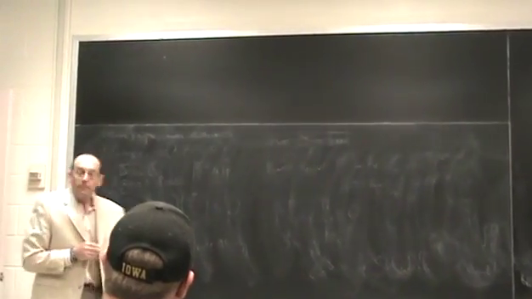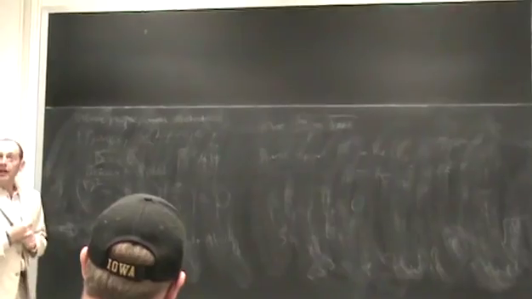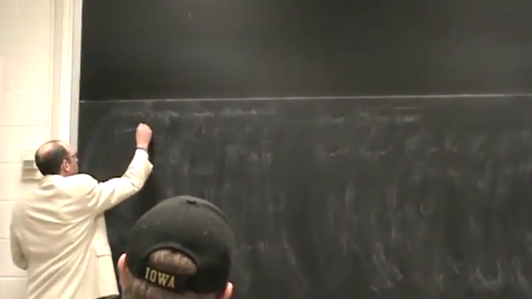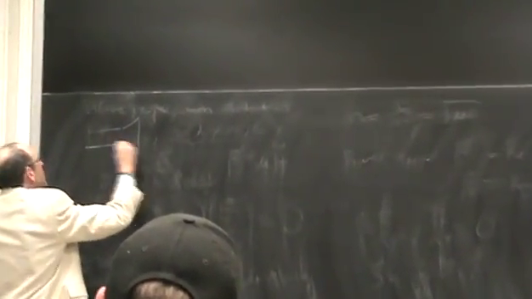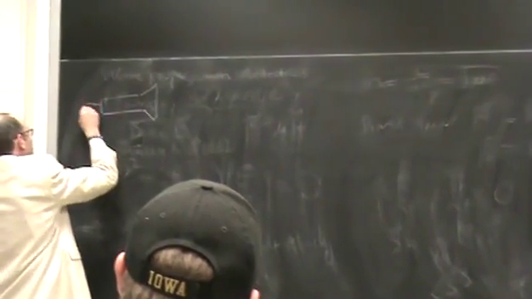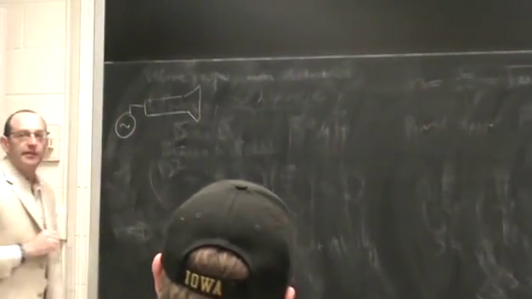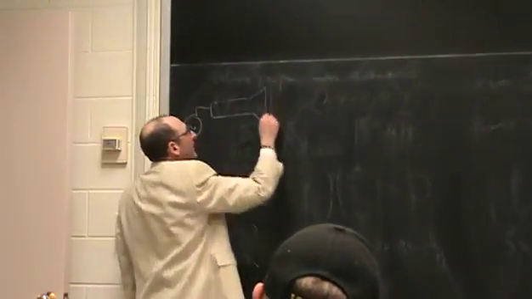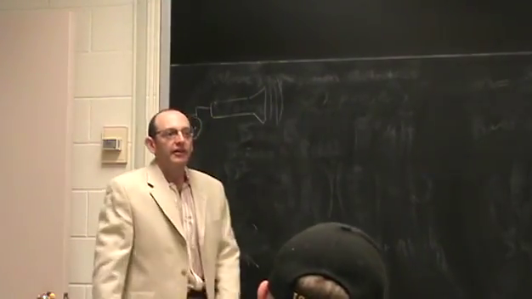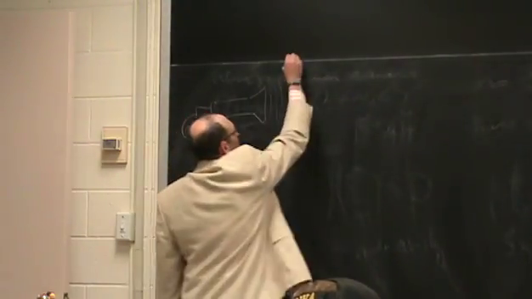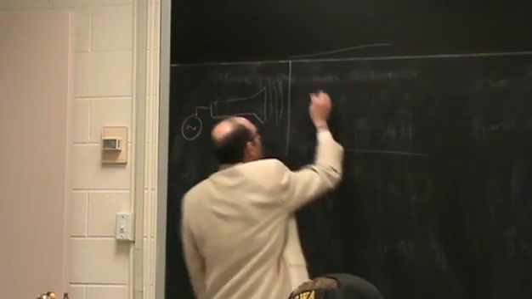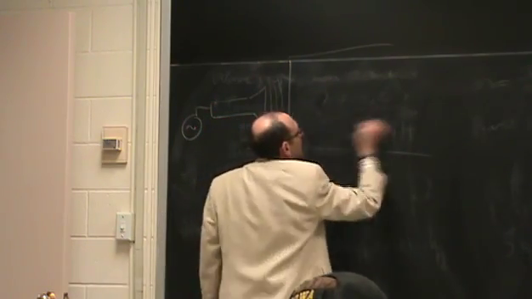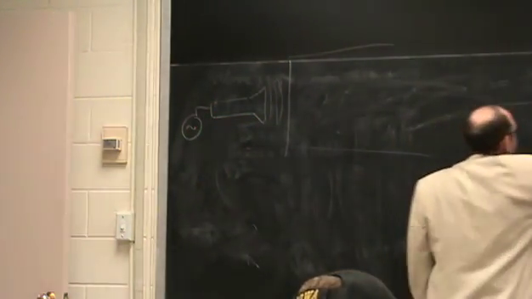Okay, so let's consider the following problem. Let's say I have a microwave horn that I hook up to some signal generator, and it sends out microwaves, electromagnetic waves, into a medium that is, I'll just take it to be semi-infinite.